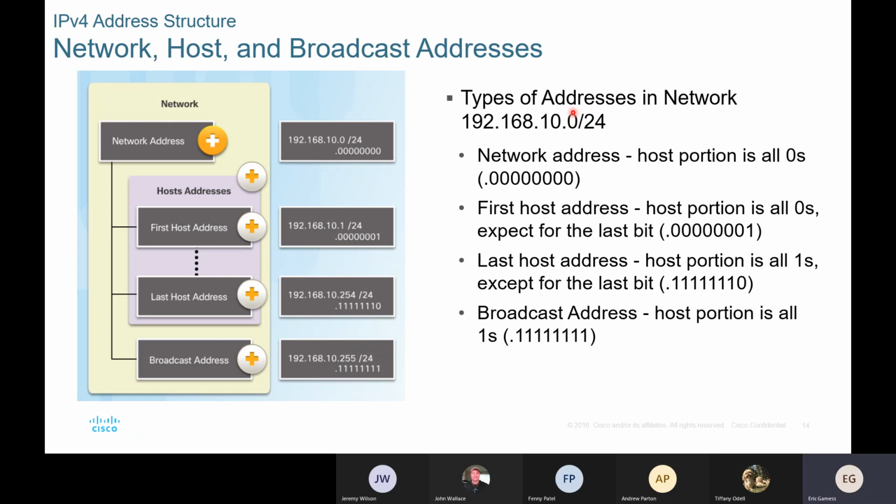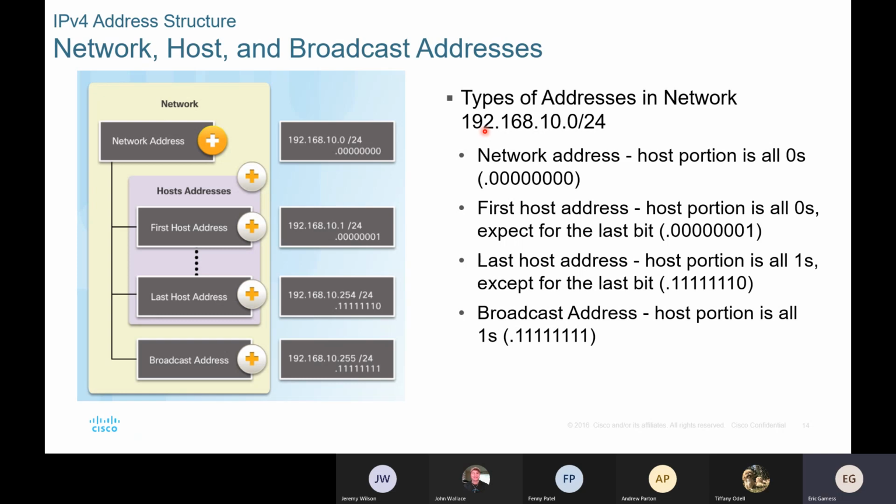Now we define some IP addresses that are called valid IP addresses. Valid IP addresses are IP addresses that you can assign to a network device. So the first IP address is not a valid IP address. It is called the network address. I cannot assign the first IP address to a network device.